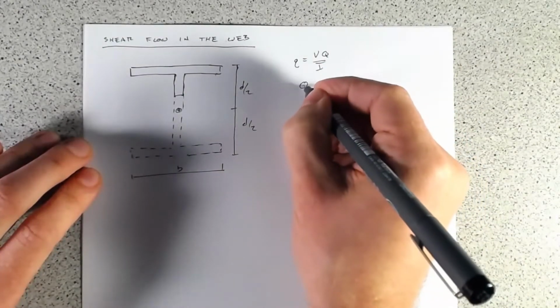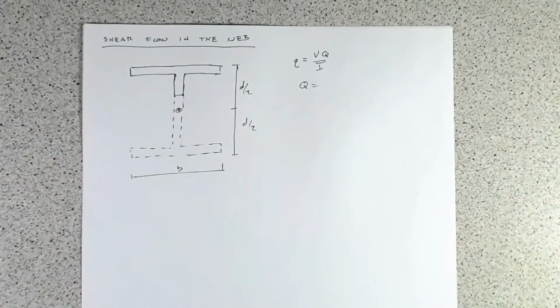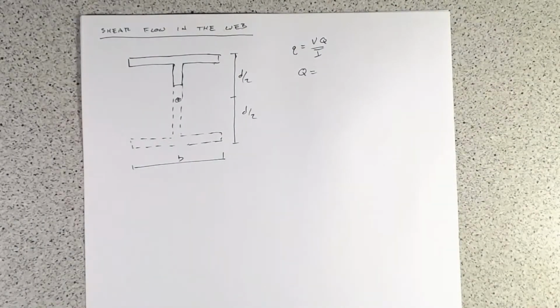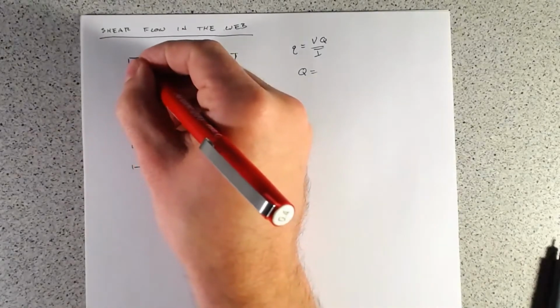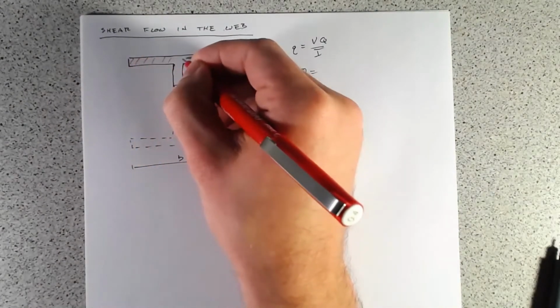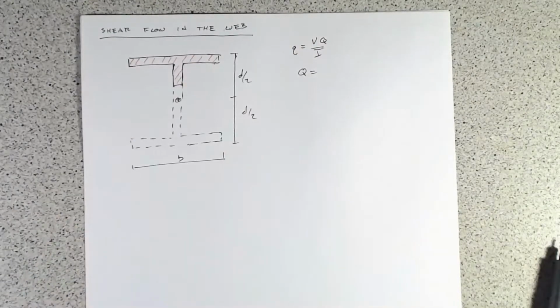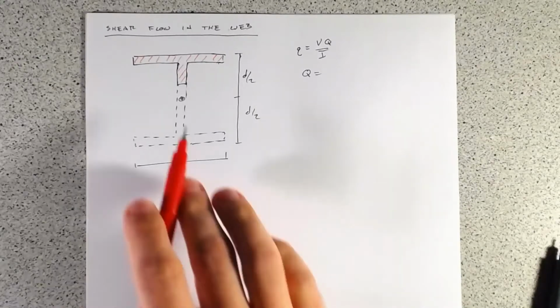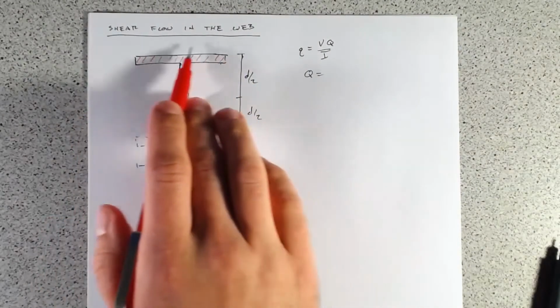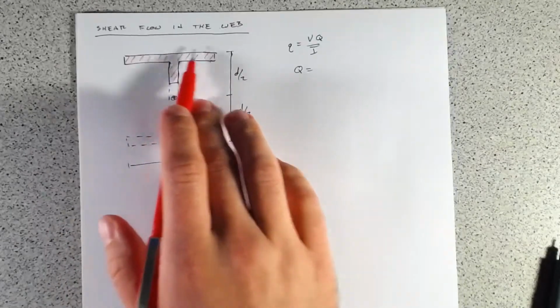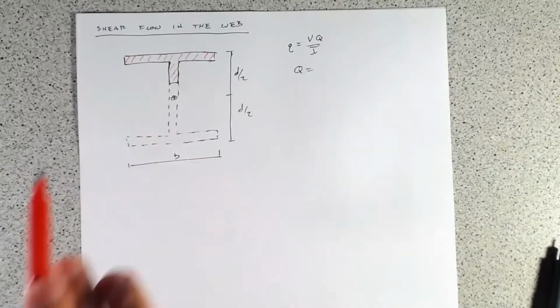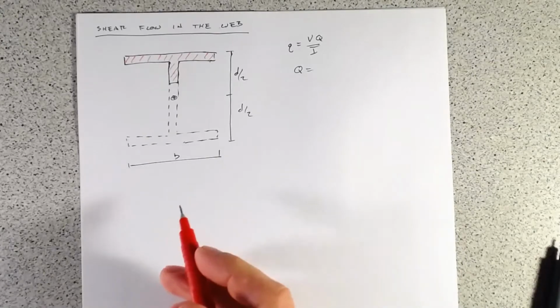In Q, we can do the exact same thing we did when we were working out shear stress tau in the web of an I section, and we can think of it as really the participation of this chunk trying to resist shear. So it's what the applied bending stress is over this area is the shear force here, which is going to kind of help balance it.